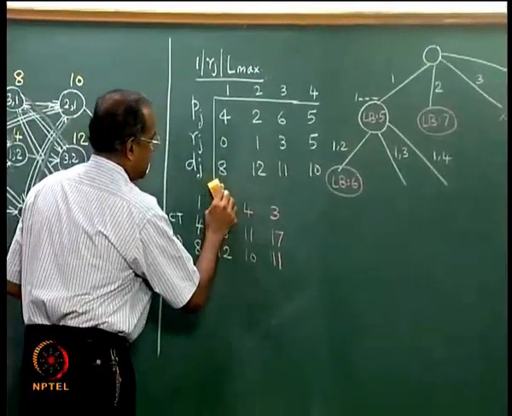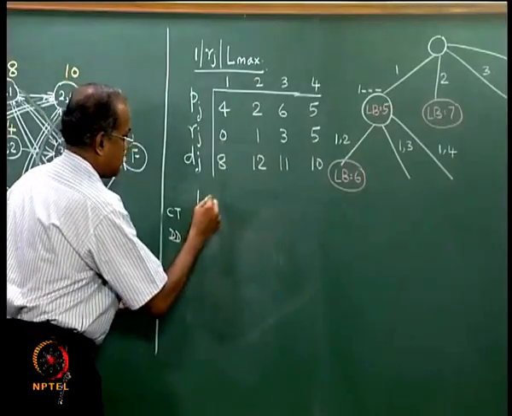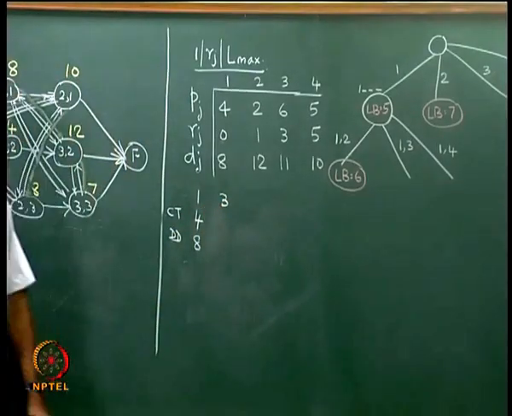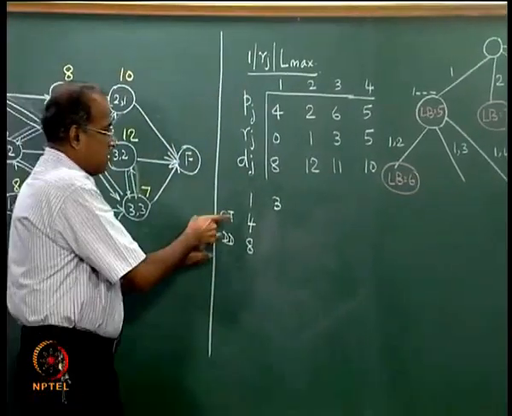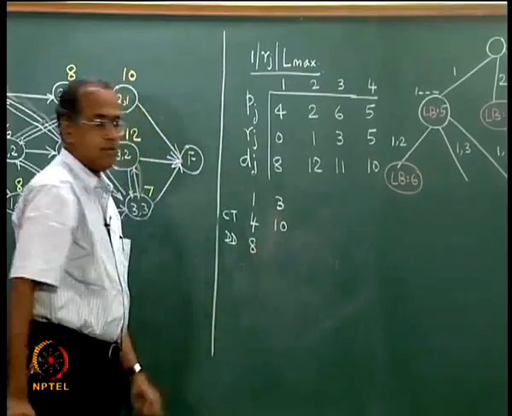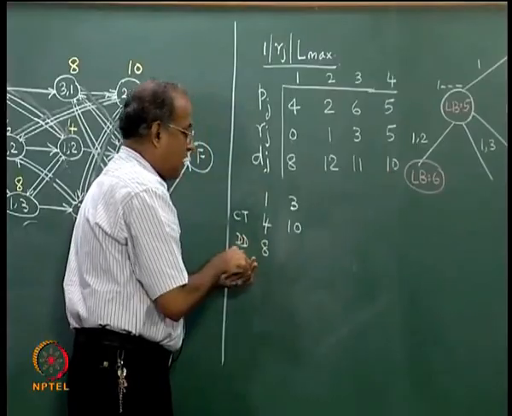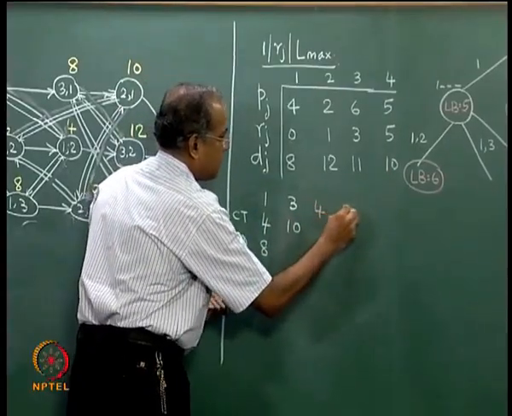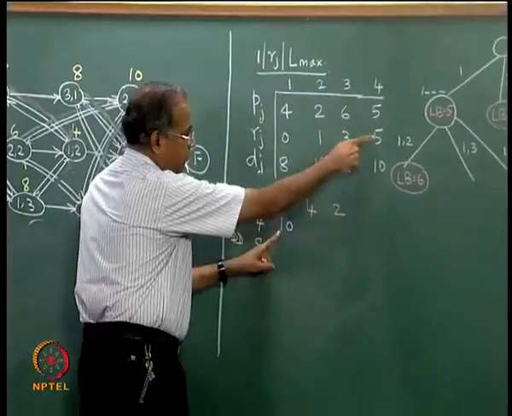Now if I do 1 and 3, which is this node, at time equal to 4 this is available. So 4 plus 6, 10. Now these are the two remaining things. So I have 4 and 2. So at 10 job 4 is available.